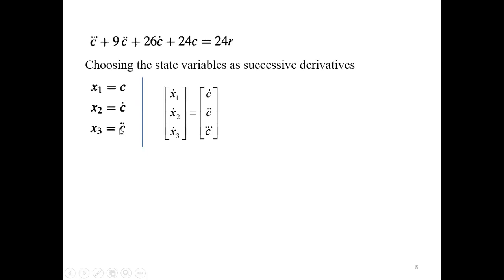Similarly the second derivative, and now again we differentiate x1, x2 and x3. The x1 derivative will be equal to x2, and the x2 derivative will be equal to x3, and the x3 derivative will be this c third derivative.